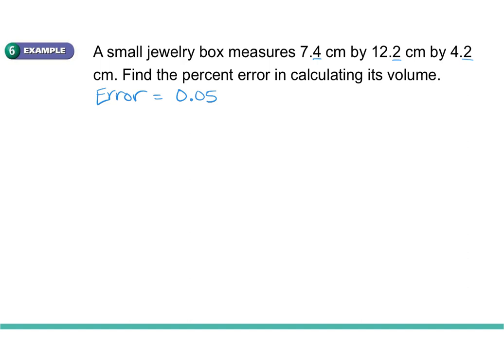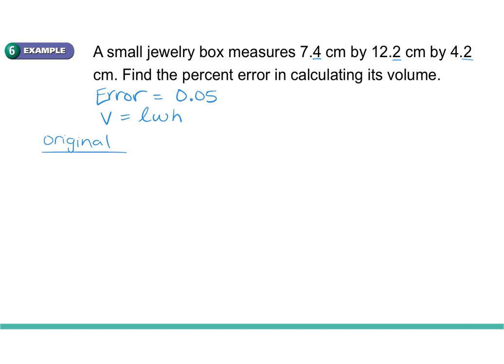We need to know our formula for volume. Our formula for volume is length times width times height. Okay, so we're going to do 3 actual calculations here. So we're going to find our original volume.